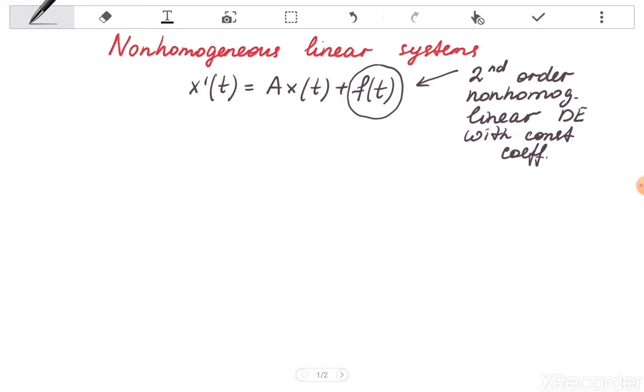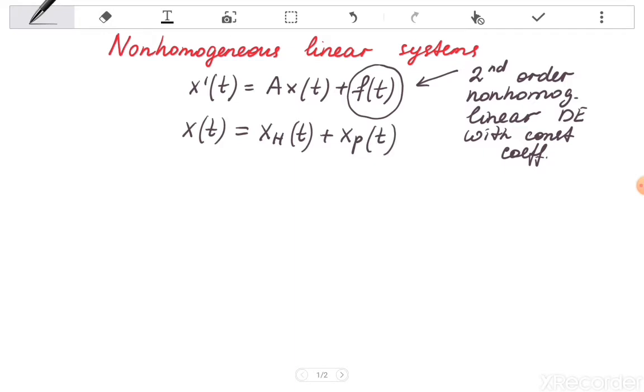And as you remember, to solve second order non-homogeneous linear differential equations with constant coefficients, we write the solution in the form of solution of homogeneous plus particular solution. And the same thing works here. So the vector, which is the solution, is the solution of homogeneous plus a particular solution of this system.